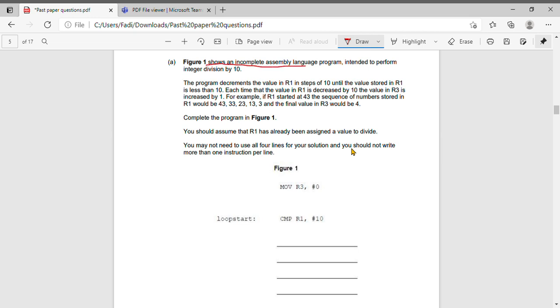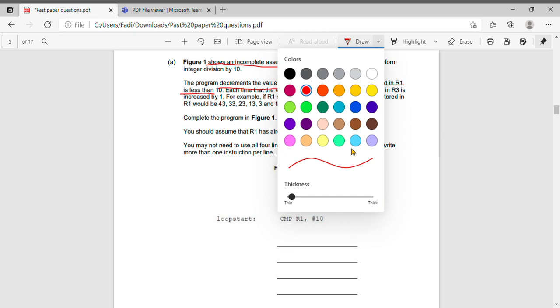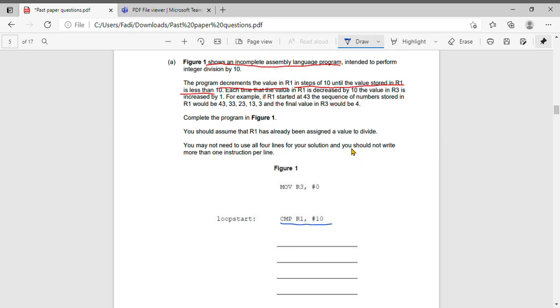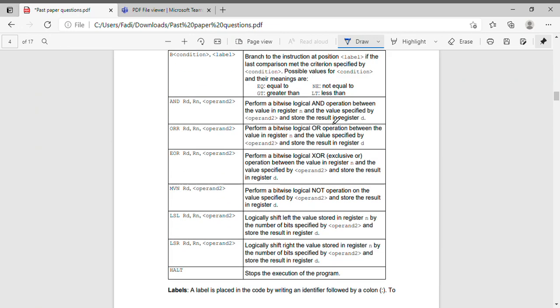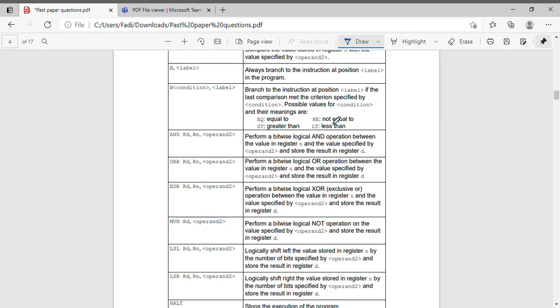Shows an incomplete assembly language program. The program decrements the value in R1 in steps of 10 until the value stored in R1 is less than this. So compare R1 with the number 10 and then branch. If this is true, branch less than, if it's not less than.